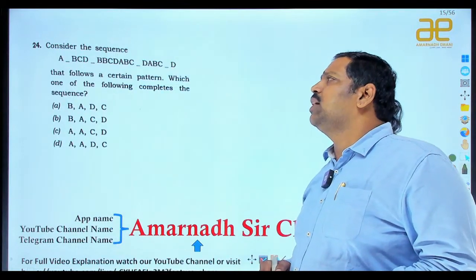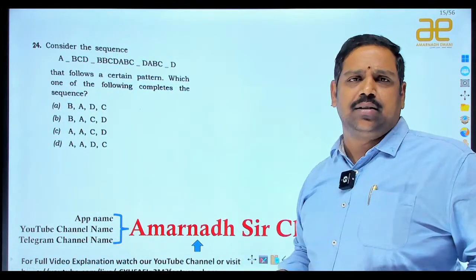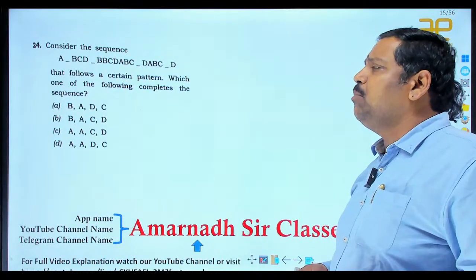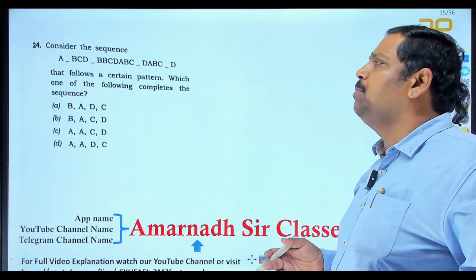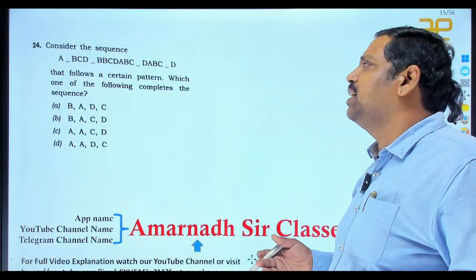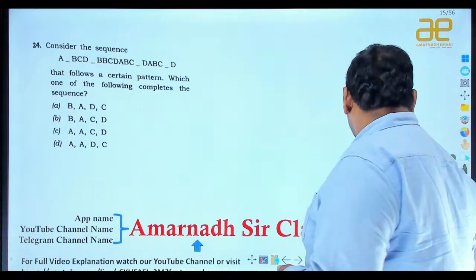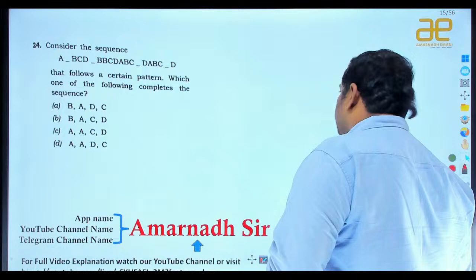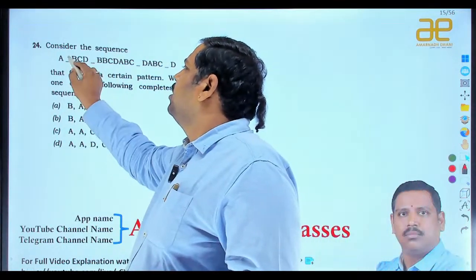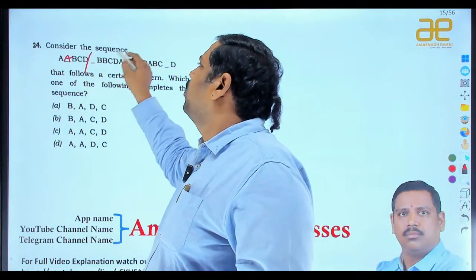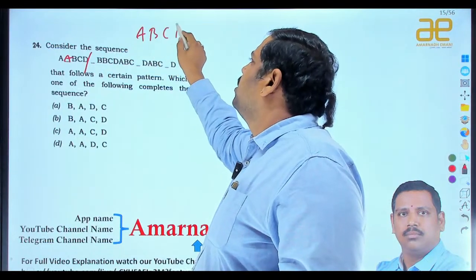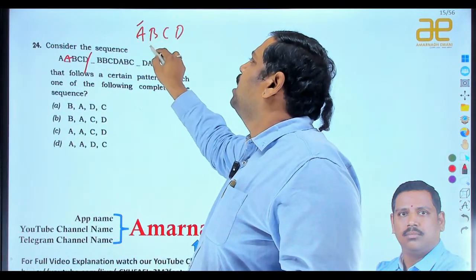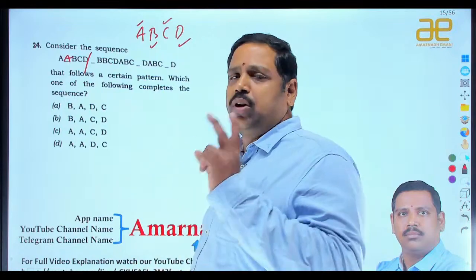This is also a question that we discussed directly in the class. A blank BCD, blank BBCD, ABC blank D, ABC blank D. If I write AABCD, the first time I write this one 2 times, second time this one, third time this one, fourth time this one 2 times.